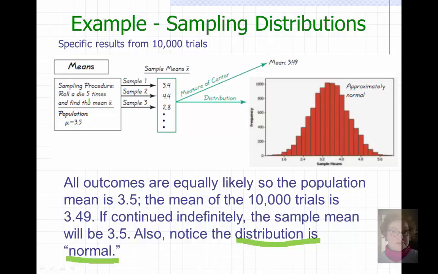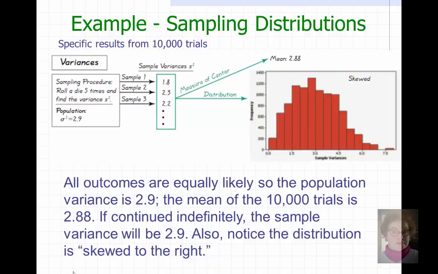Now, what would happen if we simply rolled a die 5 times and looked at all those sets? Well, the distribution of numbers is going to be a uniform distribution. Now, if we do the same thing with the variances, the population variance is 2.9. Our sample variance is going to be 2.88.